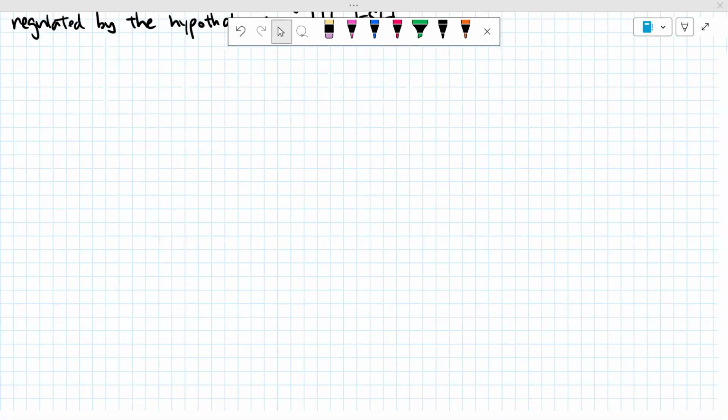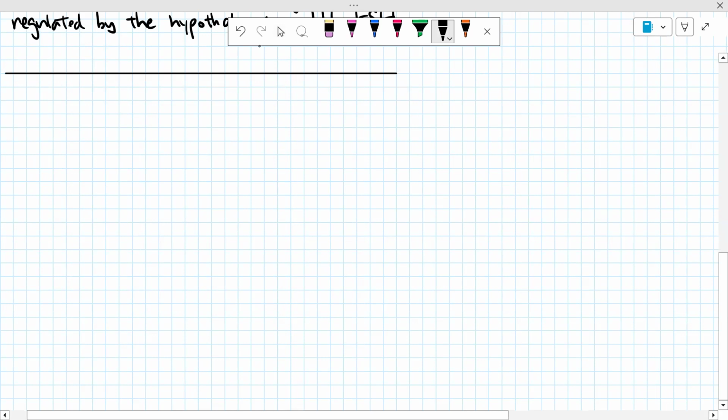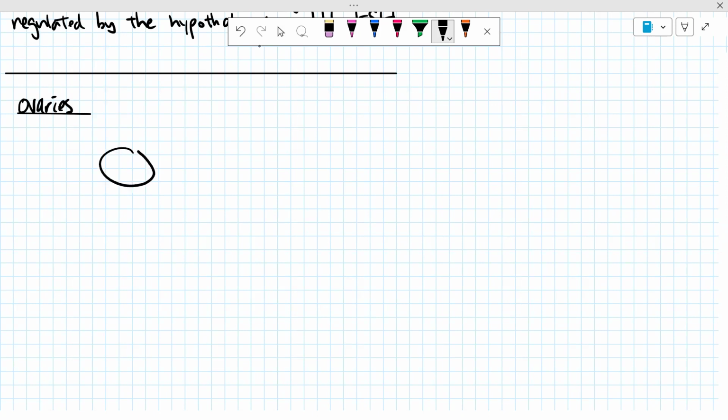Okay, let's talk about the ovaries a little bit. So just to quickly recap, that's one ovary. That's another ovary. And you have the fimbriae and the fallopian tube.